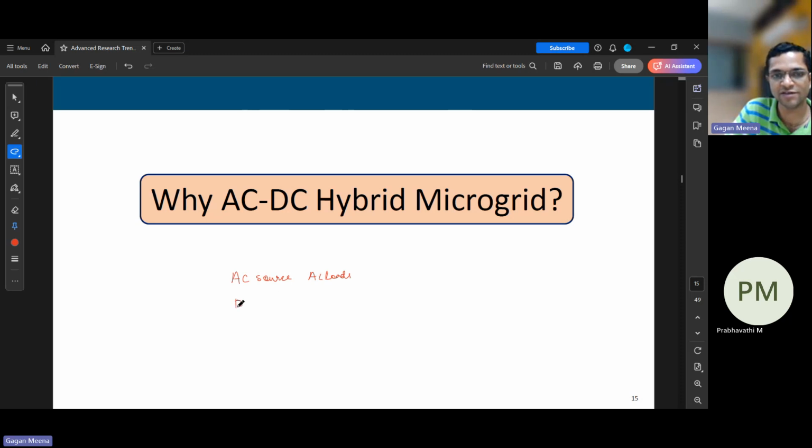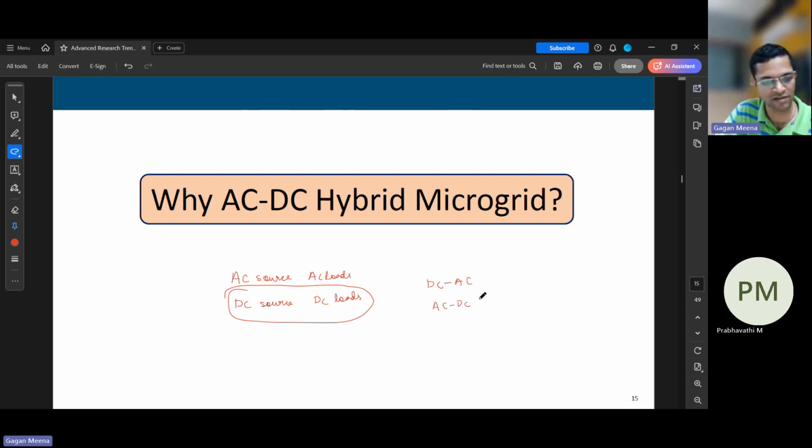We have DC source and DC loads. If we can supply the DC loads directly by the DC source, then we can avoid this DC to AC and AC to DC conversion.